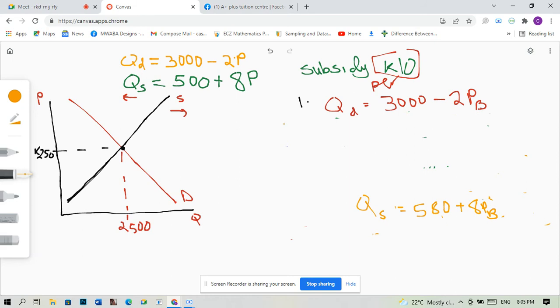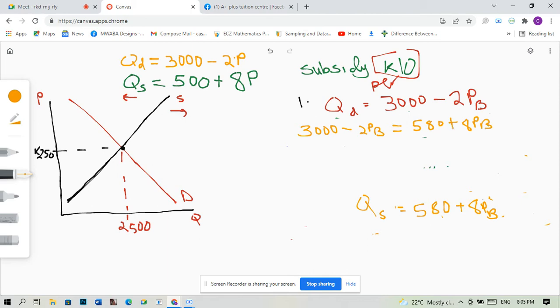Right, we're equating both functions. So we're going to say 3000 minus 2PB equals 580 plus 8PB.